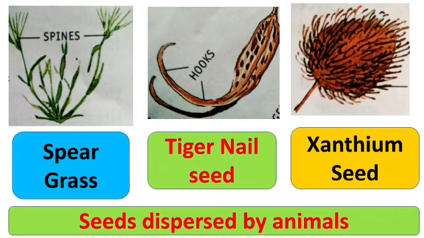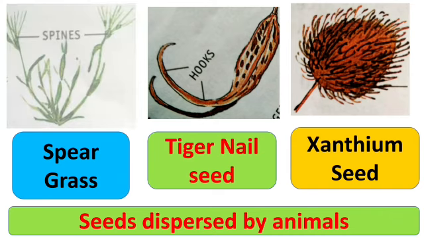Some examples of seeds that can be carried away by animals are speargrass. Speargrass has spines. Tiger nail seeds have hooks. You can see it also in the picture.